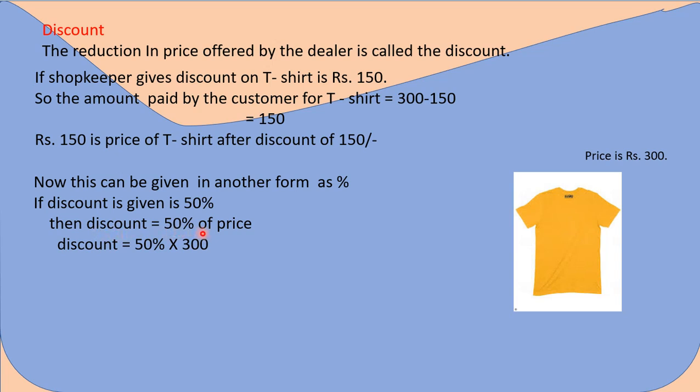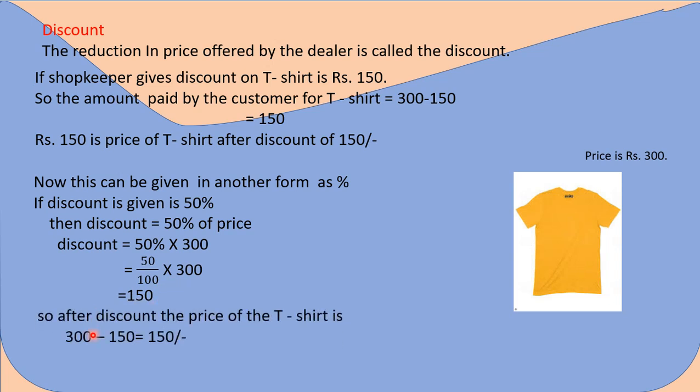Discount is equal to 50% of the price, that is 50% of 300. So it will become 50 upon 100 into 300. So the discount will be 150 rupees. After the discount, the cost of the t-shirt will be 300 minus 150, which is rupees 150. So you can purchase this t-shirt after the 50% discount for rupees 150.